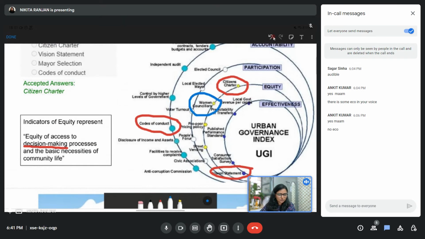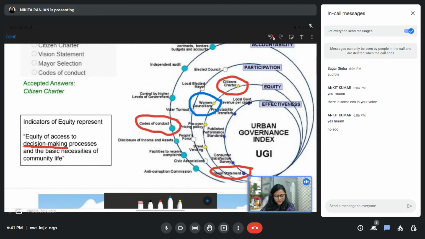As you all know, the participation of women in the decision making process in any urban governance setting is always lacking because of the systemic inequalities women face in any social system. So in order to ensure that women get equal access to the decision making process, reservations are often included for women counselors.